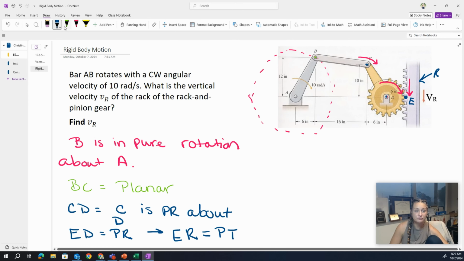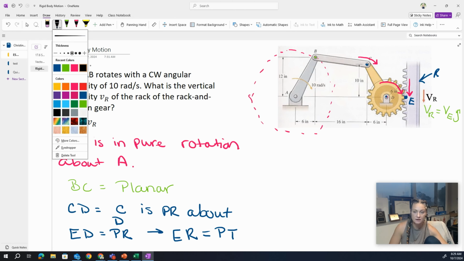And we're asked to find, well, what is VR? Well, VR will equal VE in the J direction. I'm picking J because you can pick any one you want, but we're going to make a reference frame.